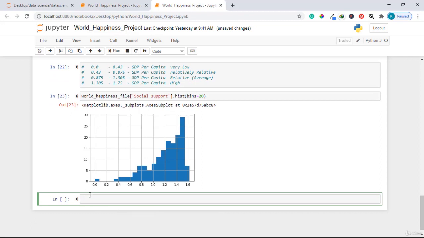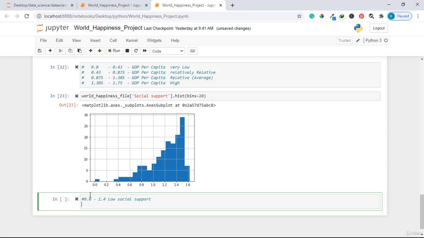Let me include a comment here quickly and say 0.0 up to 0.4, this will be low social support. Then 0.4 to 0.8, let us say average social support level.